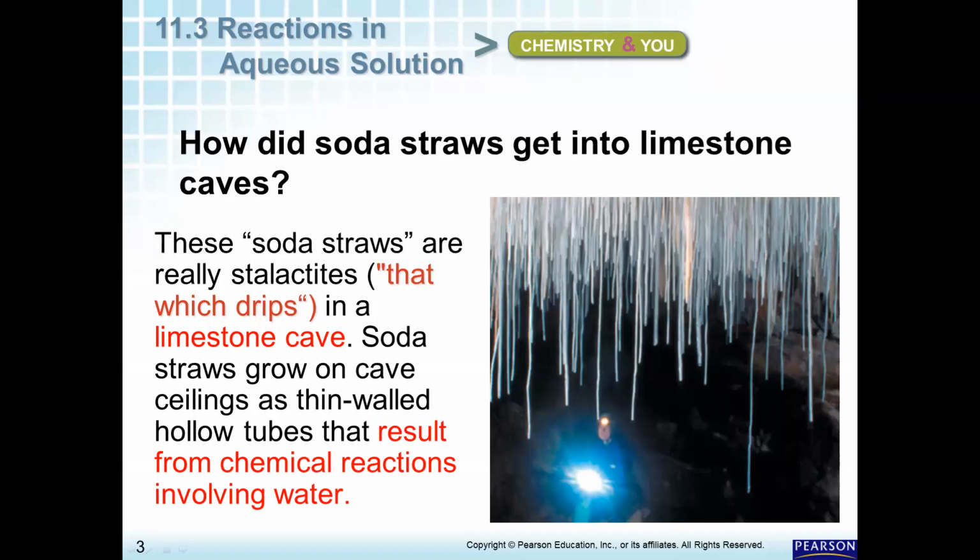Now, I'm not sure if you have seen this, but if you have been into one of those caves where they have something coming from the ceiling and some other stuff coming from the ground, there's one in Lebanon, and in Europe and the US there are plenty of them because they have too much rain. That's why they call the one which is coming from the top a stalactite.